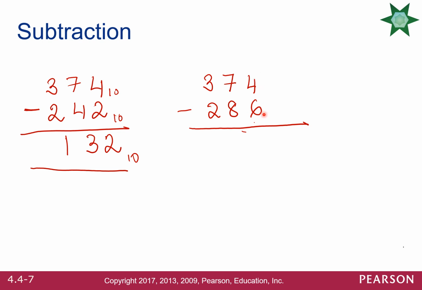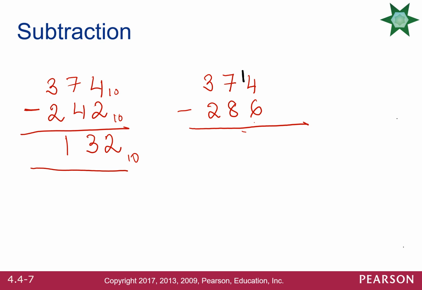So the bottom number is greater than the number above it, right? 4 minus 6 would give a negative answer, correct? So what we do is we have to borrow a ten from the left column here. I'm going to borrow a bundle of 10 rather, and make this a 14.